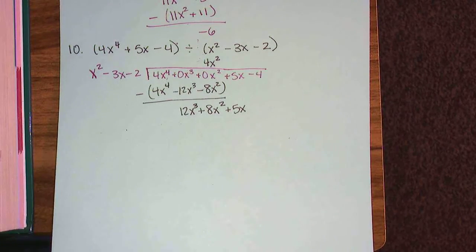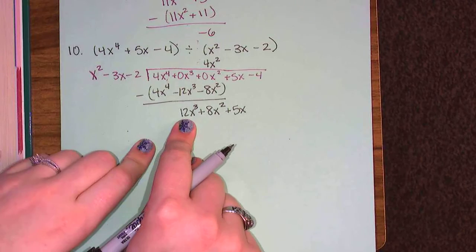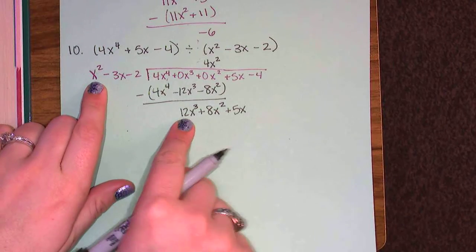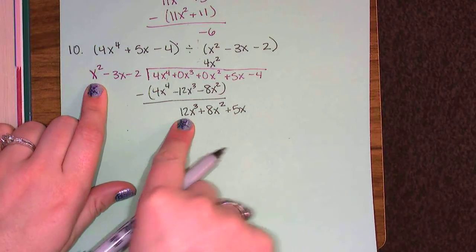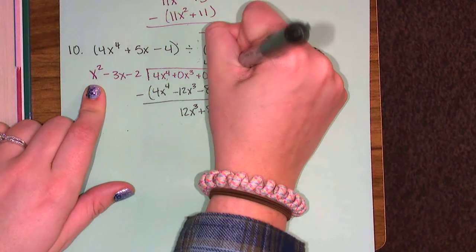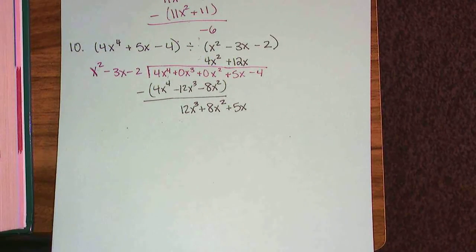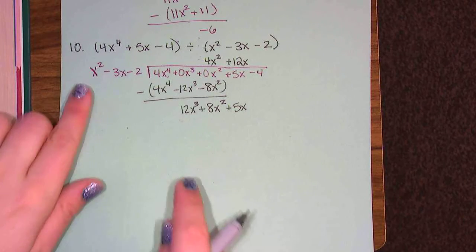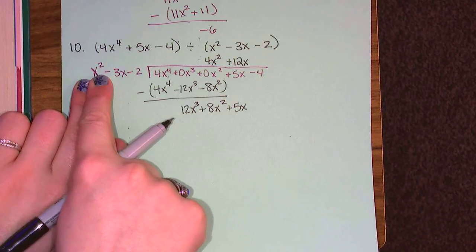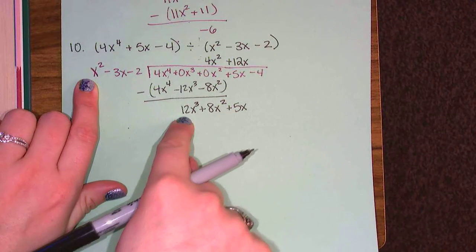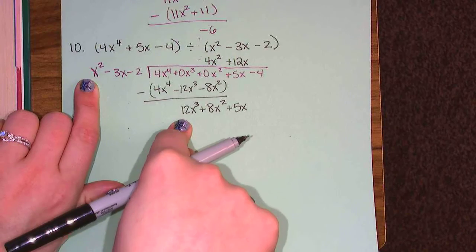So now, what do I need to multiply this by to get this? It's going to be 12x. So I write that up above the 5x. I need to figure out what I'm multiplying x squared by to get 12x cubed. So it's going to be 12x.